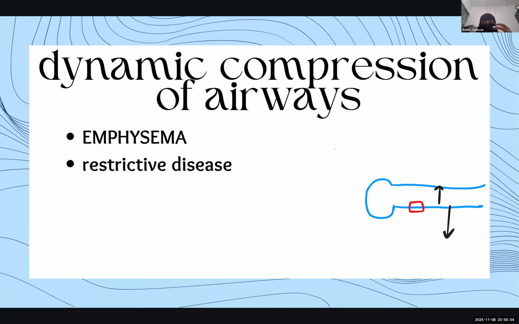When the lung is not able to expand, what happens to the pleural pressure? The lung normally is supposed to expand, causing the pleural pressure to go high, making sure that the airway is patent. But in restrictive diseases, the lung is not able to expand.